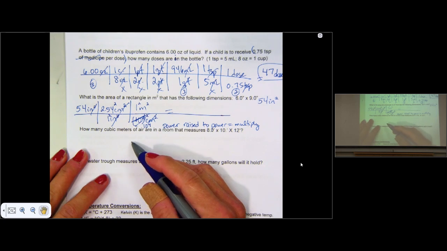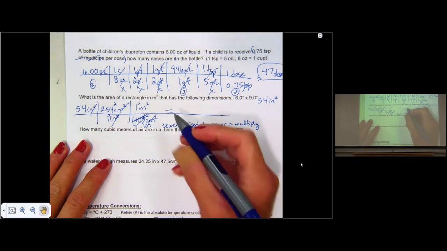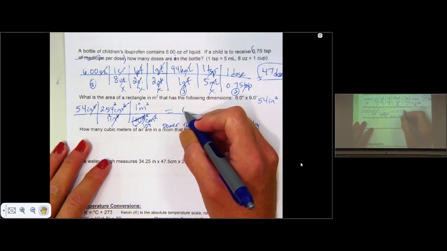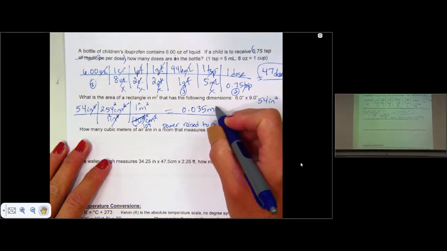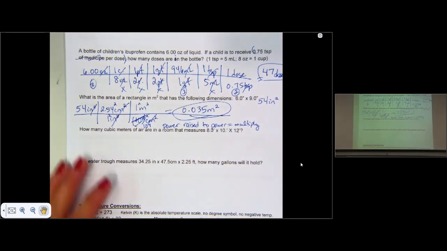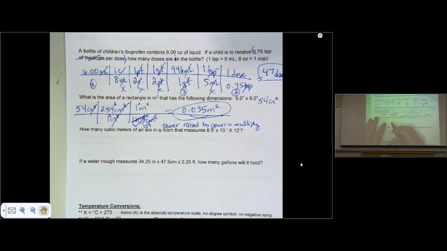What do you get on your calculator? Meters squared. I went ahead and circled that, but I do have to go and talk to you about significant digits.